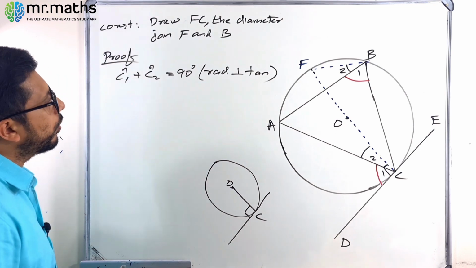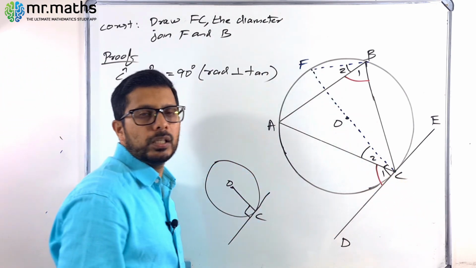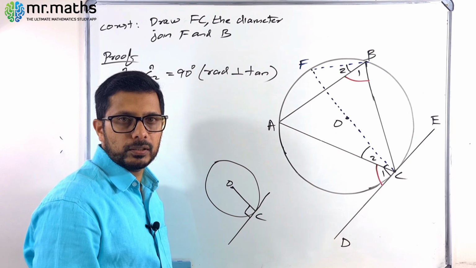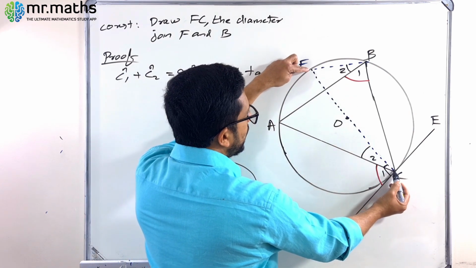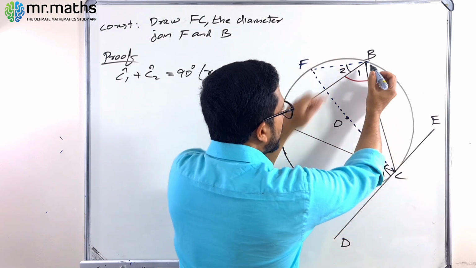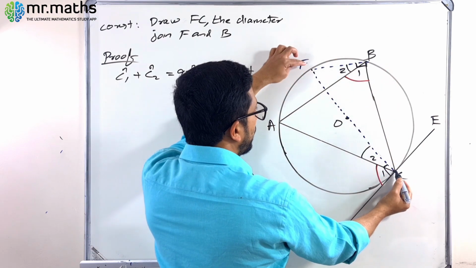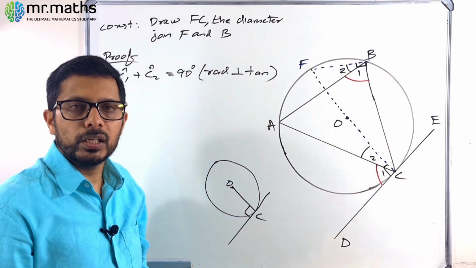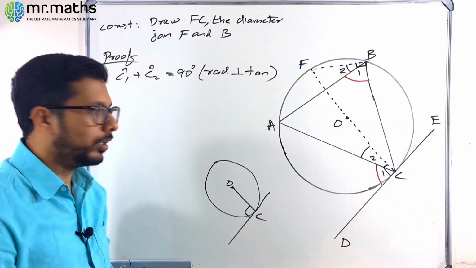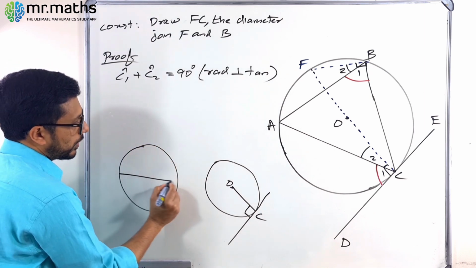Now also look at this line FC. Is FC the diameter? Yes, FC is the diameter. From that diameter, can you see this angle is formed, that is B1 plus B2, the total angle from the points F and C? Can you say what that angle is? You studied the angle in a semicircle, for example this one.